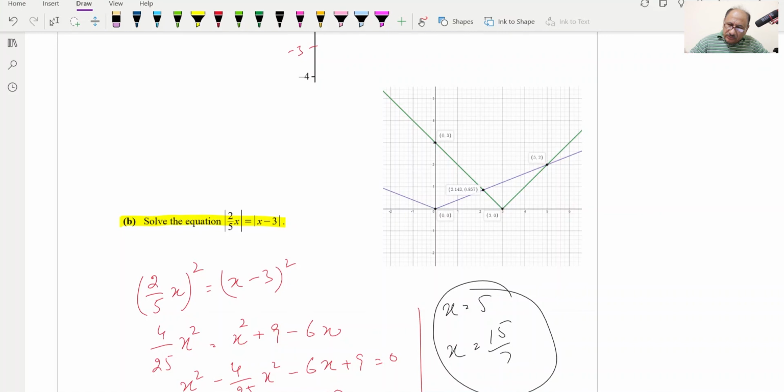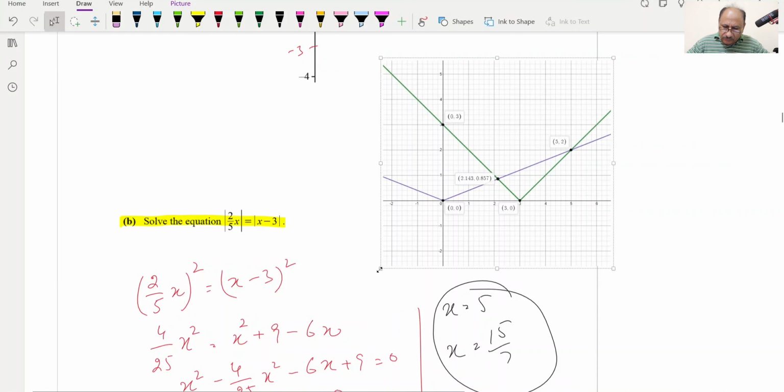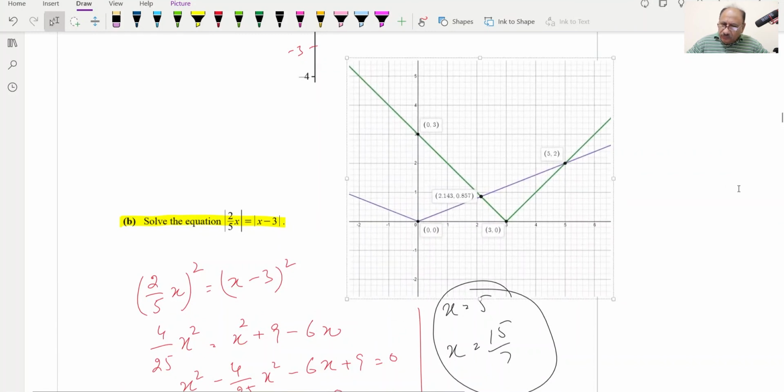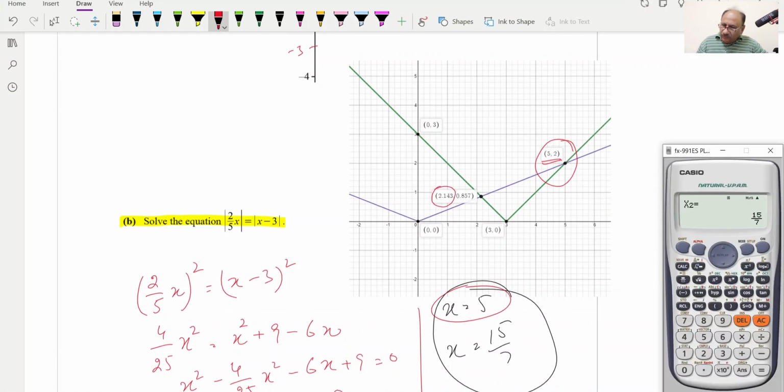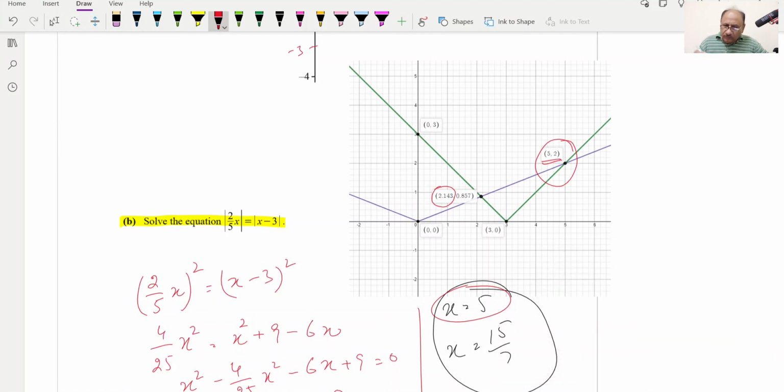If I enlarge this a little more, because I wanted to show you the points of intersection, now hopefully you can see this one: this is 5 and 2, the x value is 5, which is over here, and over here the x value is 2.143, and if we calculate this one in decimal, basically this decimal value will be 2.1428, which is exactly the same. So we found exactly the same values as our computer software has provided.